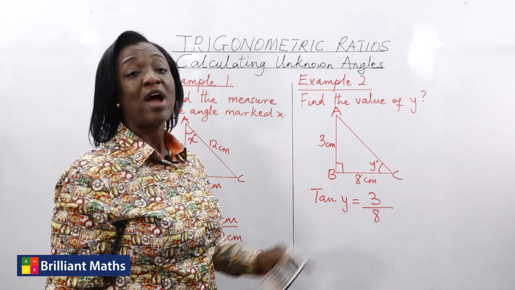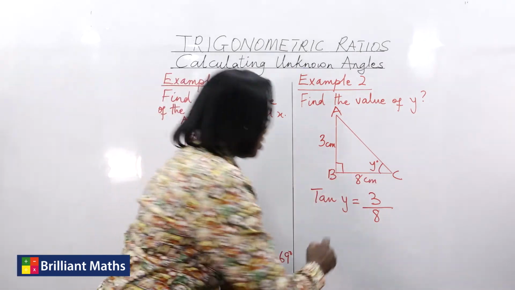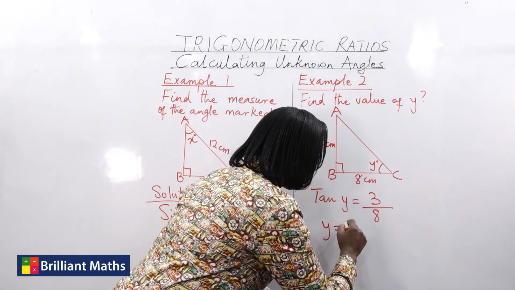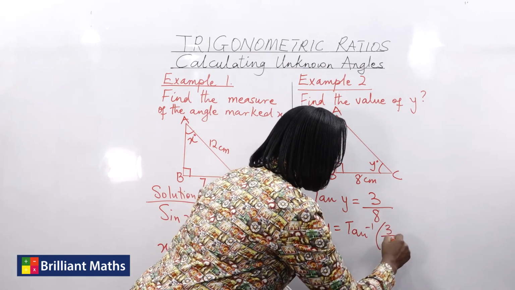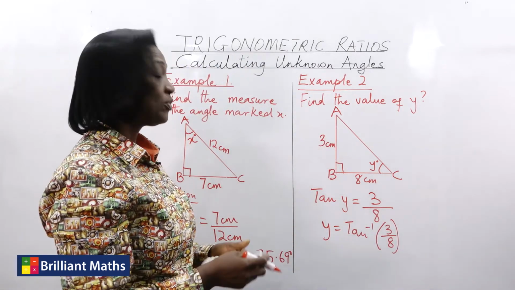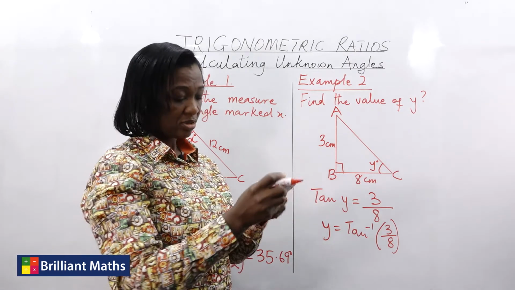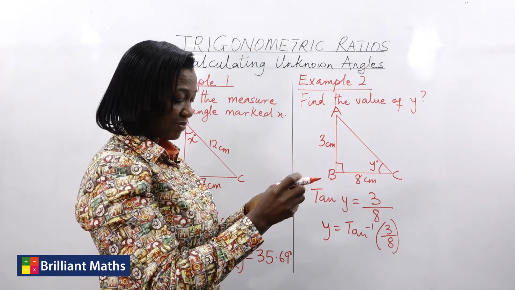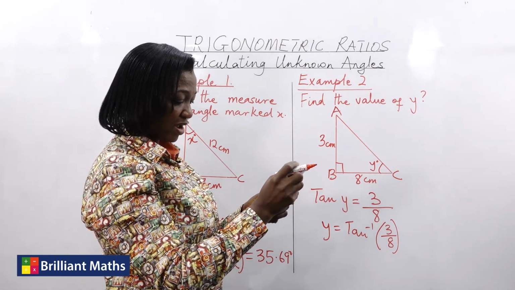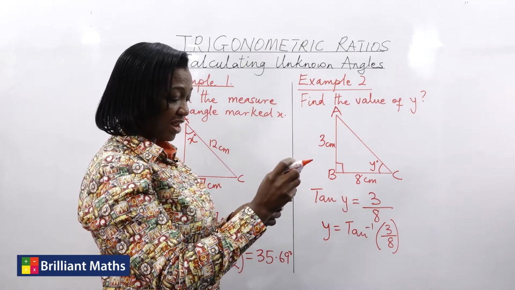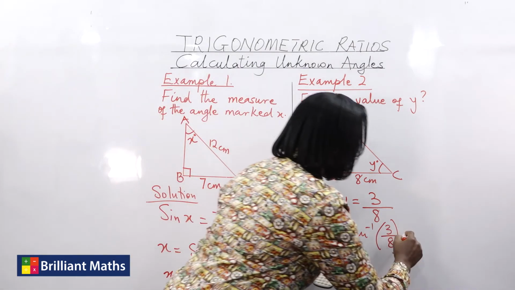So again, we have to find the tan inverse to be able to get the value of y. So y is equal to tan inverse of 3 over 8. So we'll put that into the calculator. It's a second function, so shift tan 3 over 8, and that gives us 20.56 degrees.